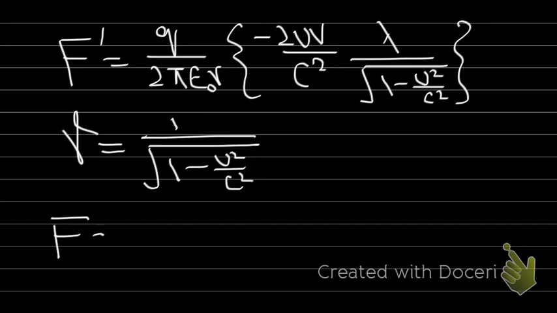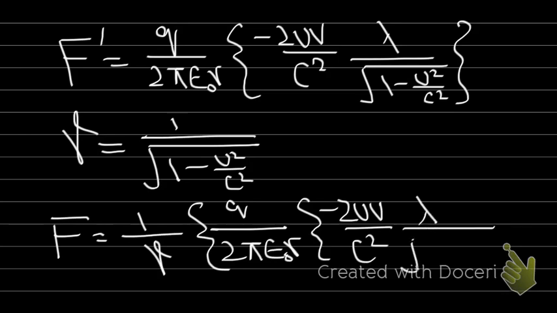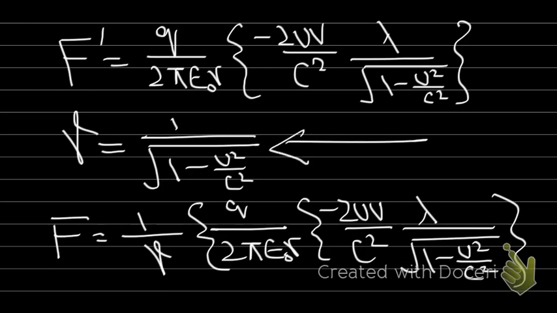So f is equal to 1 over gamma times, let me write, q over 2 pi epsilon naught r, again curly brackets, negative 2 uv over c squared times lambda over under the root 1 minus u squared over c squared. But we know that gamma is this thing over here, and we have this term over here as well.